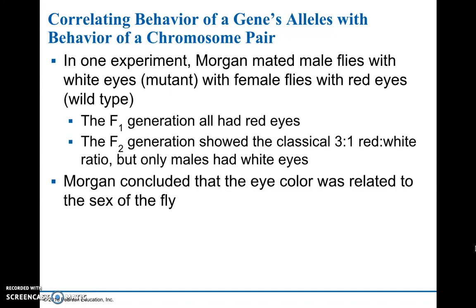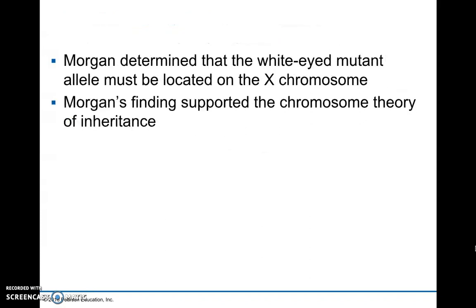However, when he bred the hybrids, what he observed is that the F2 generation showed the classical 3-to-1 red to white ratio, but only males had the white eyes. In observing this time and time again, Morgan concluded that there must be some correlation between the eye color and the sex of the fly.